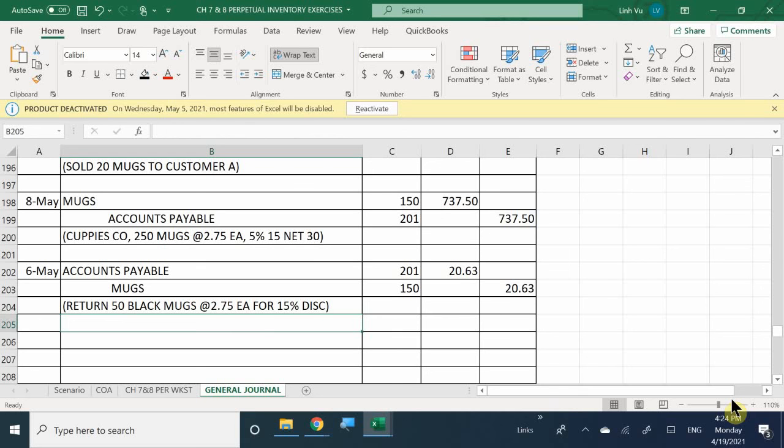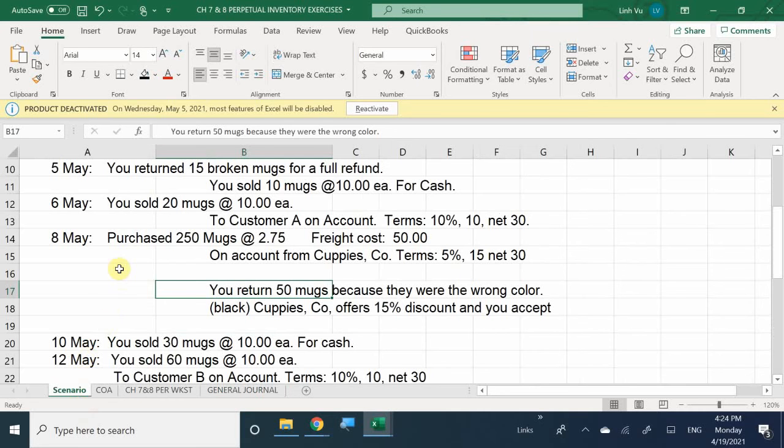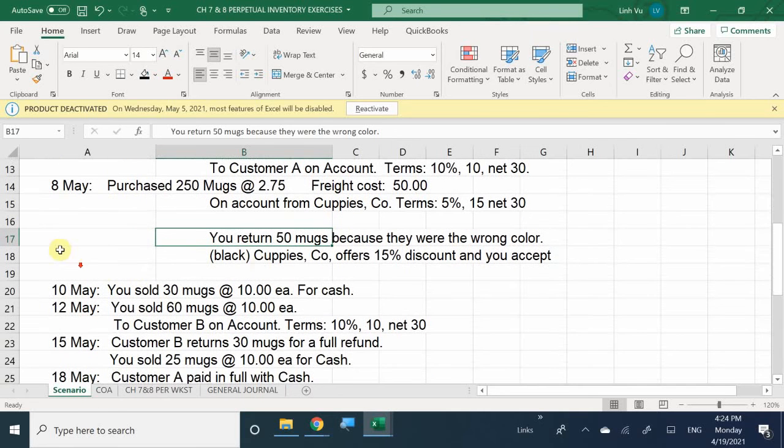Is everyone good so far? Okay. Now that we have this day completely done, what happened next on May 10? Sold 30 mugs at $10 each for cash.